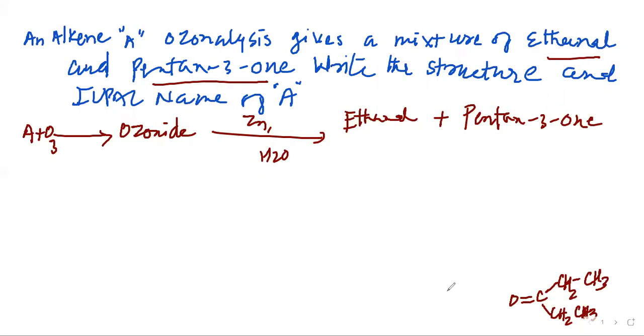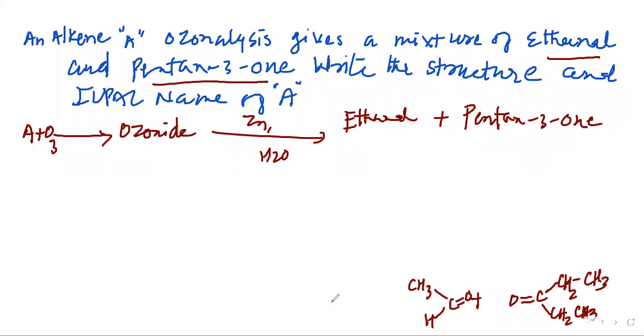Then you have ethanal. Your ethanal has two carbons. So you have CH3, C, double bond O and H. So these two are the products that we get, my dear students.